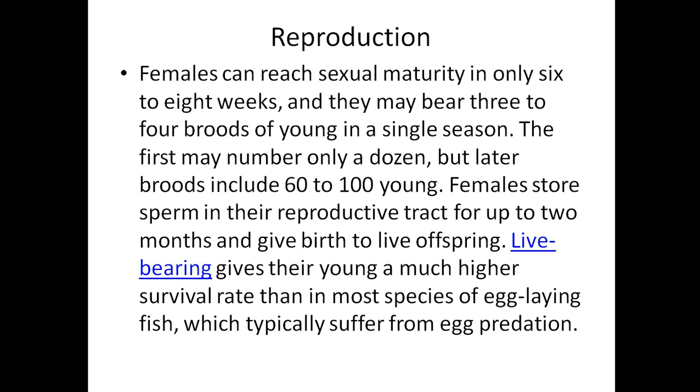For fertilization, females need not mate each time because females store the sperm in their reproductive tract for up to 2 months. So, they give birth to live offspring, and fertilization happens there only. And the survival rate of the young ones is much higher compared to other fishes.